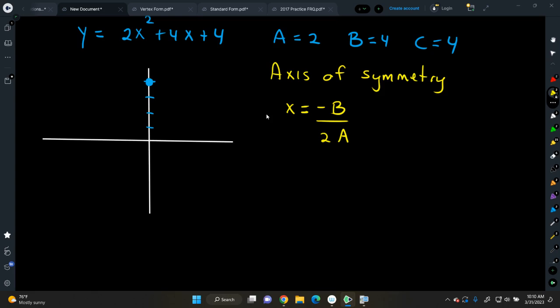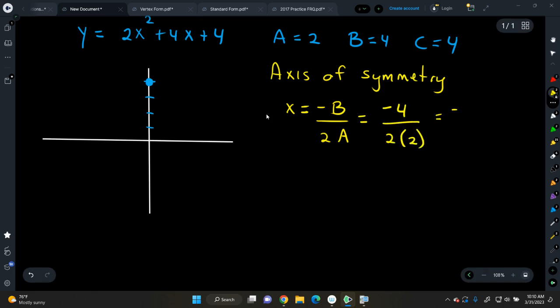You will absolutely forget. All right, so negative b. So that gives me negative 4 over 2a, and a is 2. So we get negative 4 over 4, which gives me negative 1. So my axis of symmetry is at negative 1.